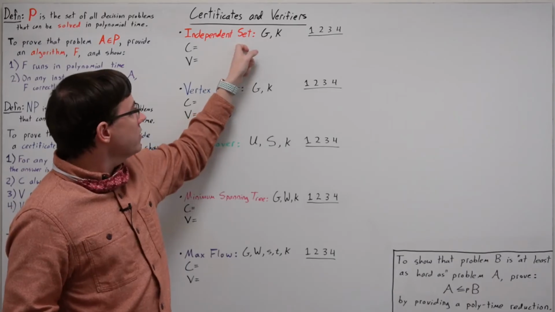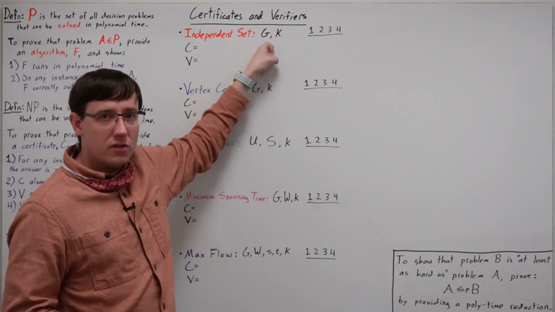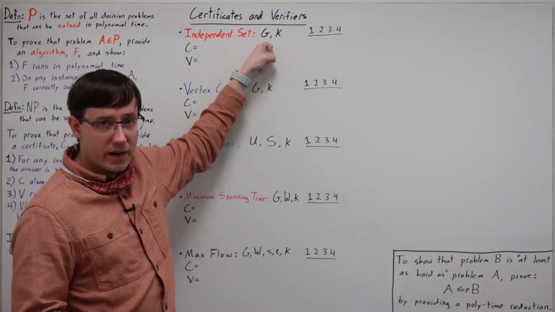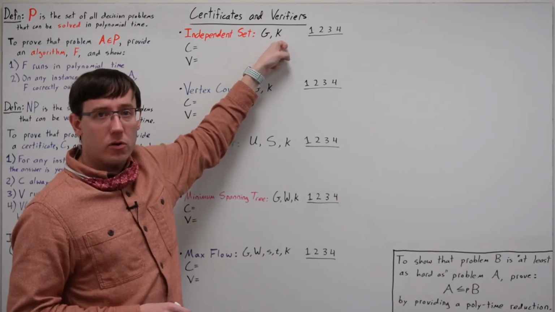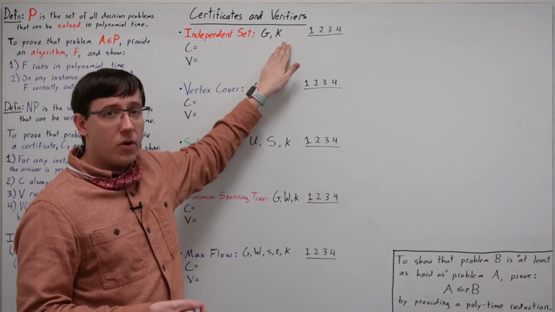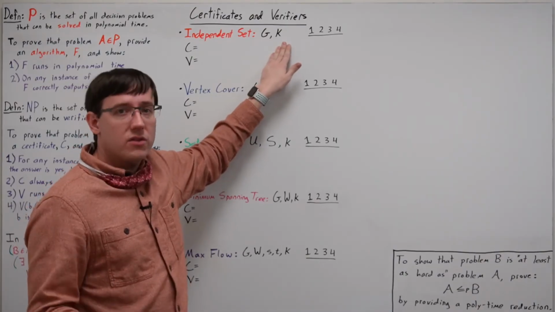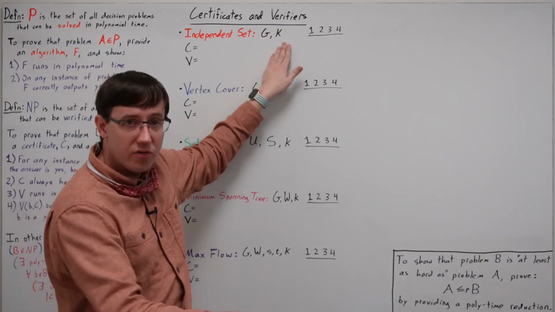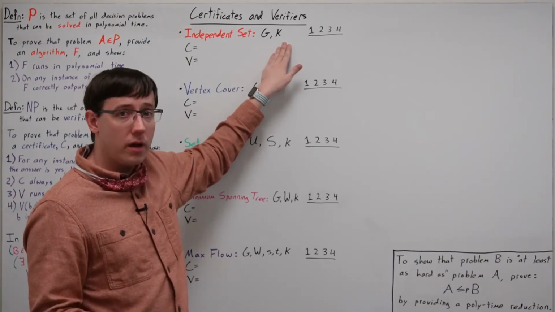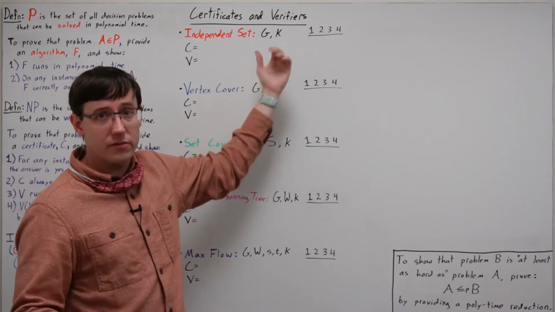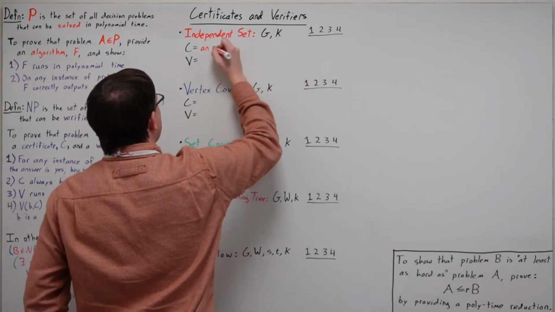So for independent set, our problem instances consist of an undirected graph and a size of independent set that we are looking for. So given a particular graph and set size, if we want to prove that the answer on that input is yes, we could write down an independent set of the appropriate size.